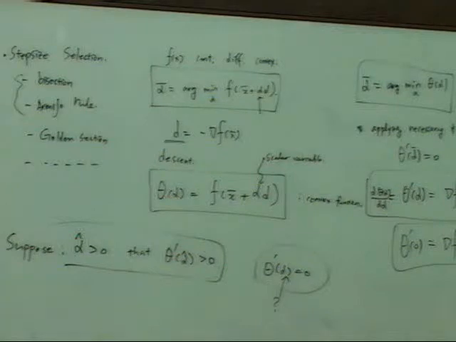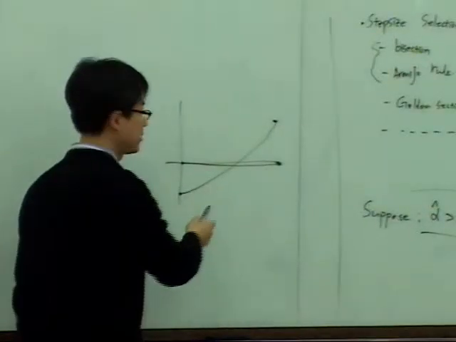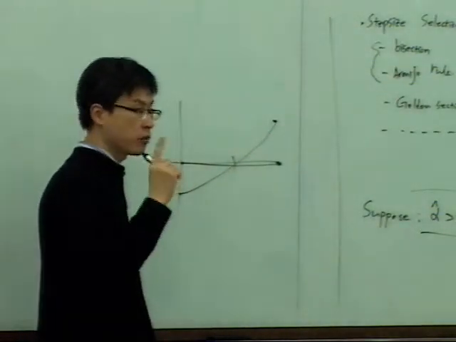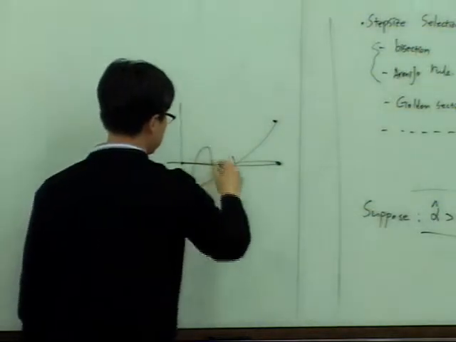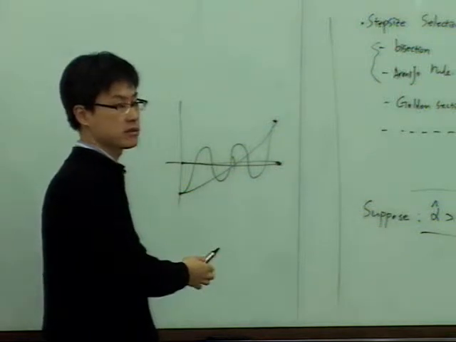Then there should be at least one solution between them, right? And if that's true, we can find the solution because the solution exists. So that's what I'm trying to do right now. Good thing is, if the function is like that, you have only one single solution, but there is no problem, even though at least the solution exists.